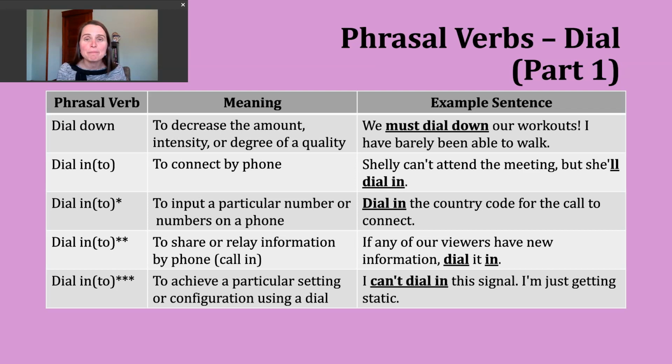So if you happen to be a person who still listens to the radio and listens to it not on your phone or not through a computer, this might be an action you've done where you've sort of adjusted the settings in order to locate a particular station. That's another way dial gets used.